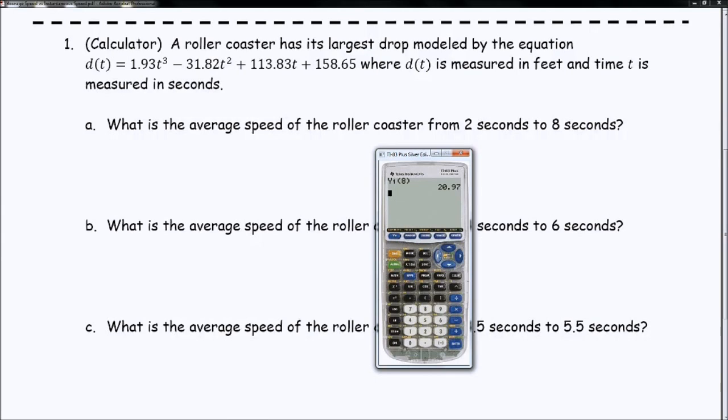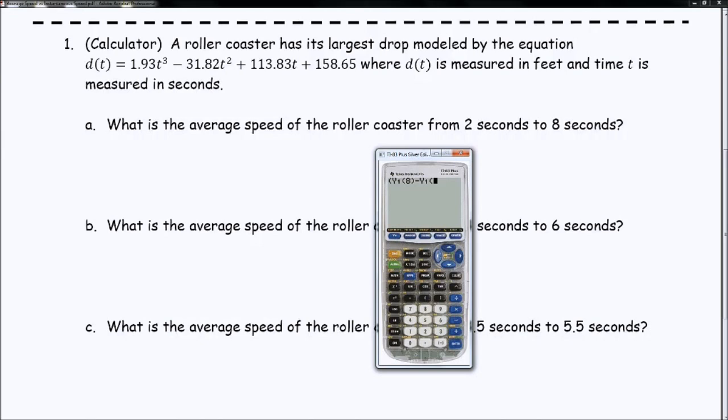All right. So for part A, what they're asking us to do for average speed is we're really just finding old school slope. So I'm going to clear this out so we can get the whole thing. I'm going to do my y2 minus my y1. So I'm going to do parentheses. Again, go next to the clear button, hit vars, go over to Y-vars 1, and then I'm plugging in 8, and that's my y2. Again, go to vars, Y-vars, there's my function, y1.